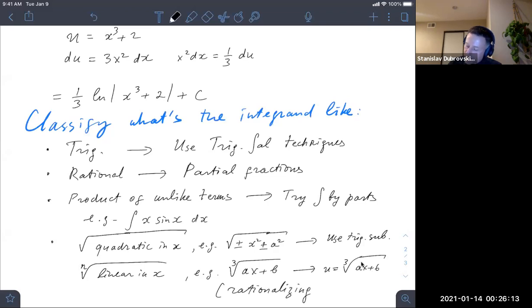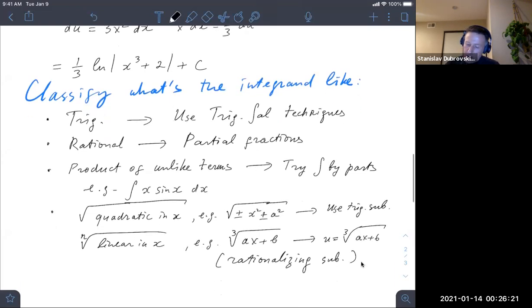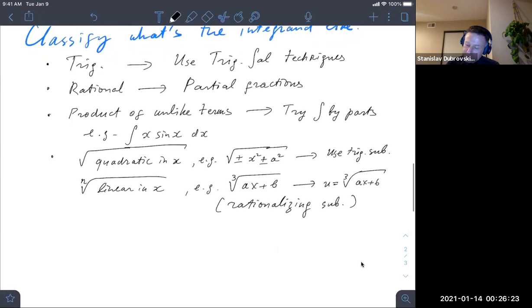Can you guess why? Since it makes your integrand into a rational function. And sometimes, even if you have something more complicated, like some arbitrary function, not quadratic, not linear, some g of x, not guaranteed, but try to use u sub.